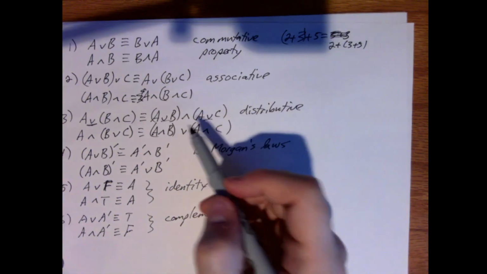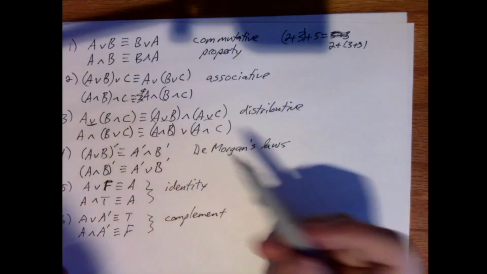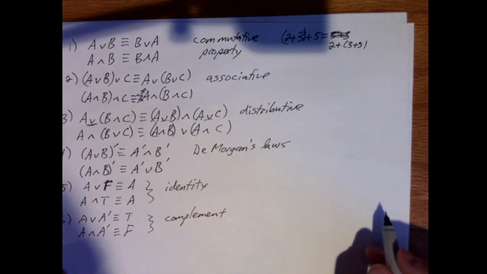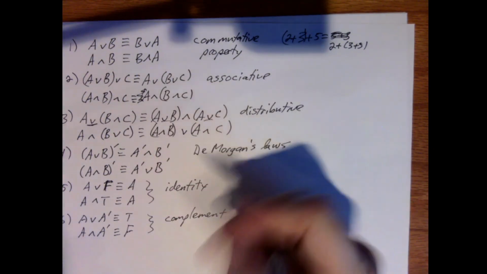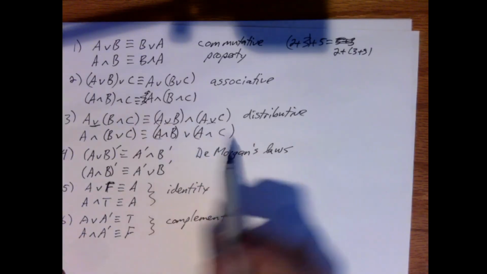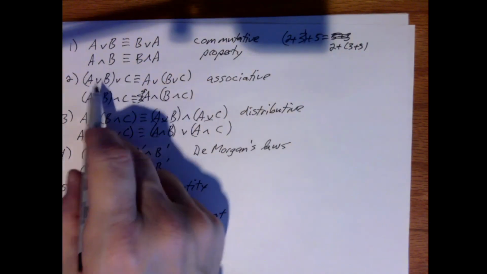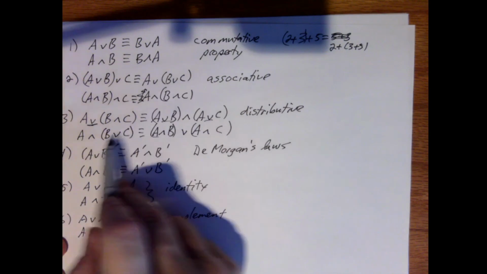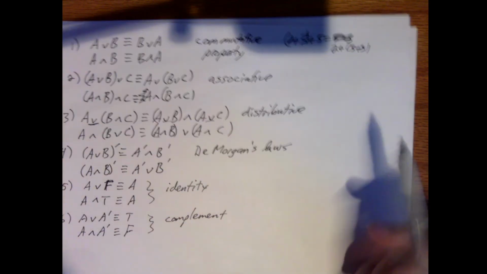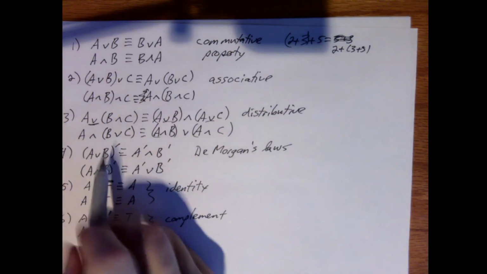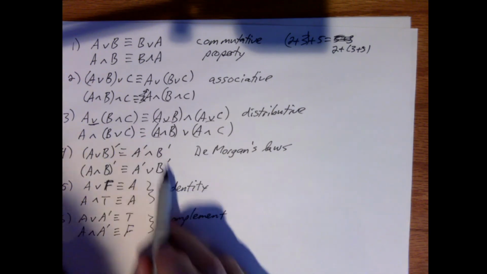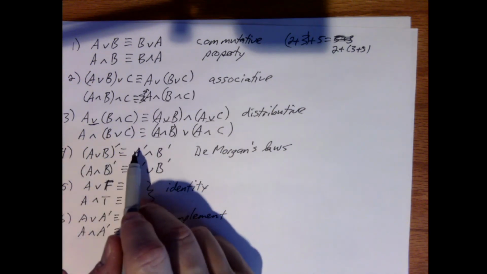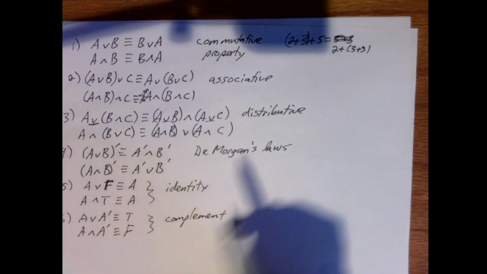And like I said in the beginning, the whole reason why we care about these is that as we get larger expressions, in order to reduce it to something we can understand or to show a certain thing, there's lots of times we need to say, okay, you take this and turn it into this, especially like De Morgan's laws. It's very common to see the left side and you turn it into the right side in order to get, not A or not B, or something like that.